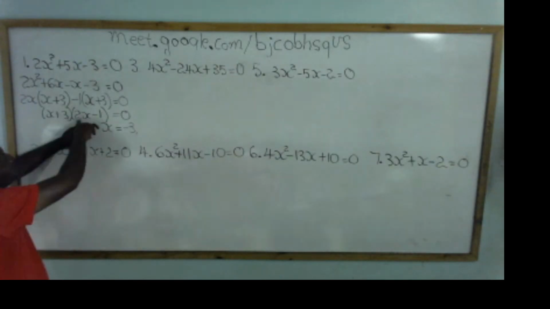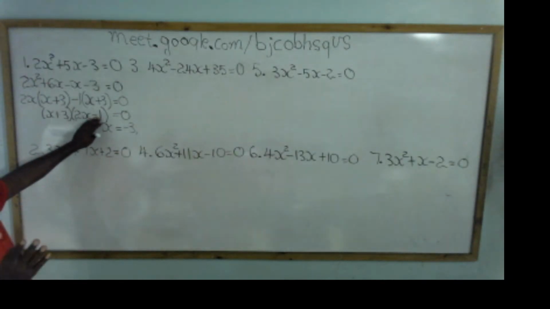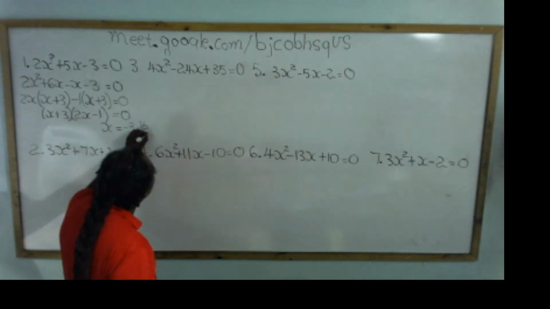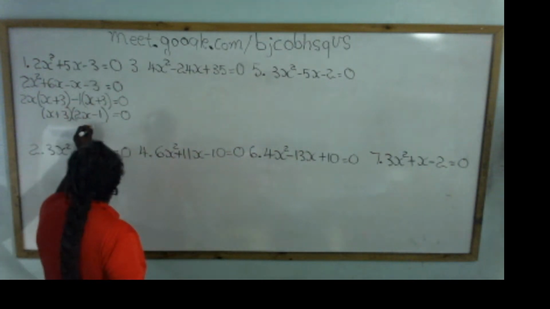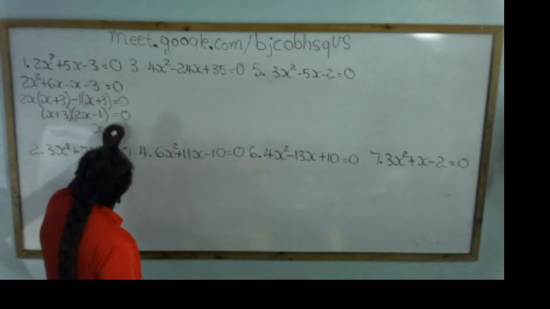But we have 2x, therefore we need to eliminate the 2 by division. So we'll have 1 over 2, which is your half. So x is equal to negative 3, and of course, a half.